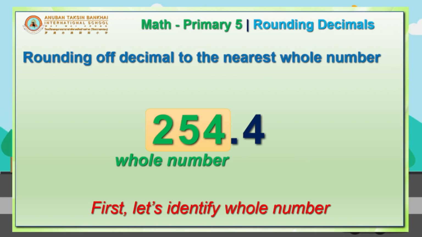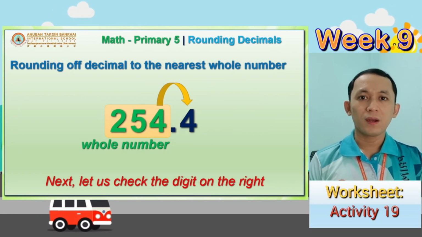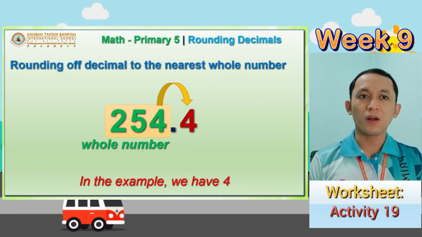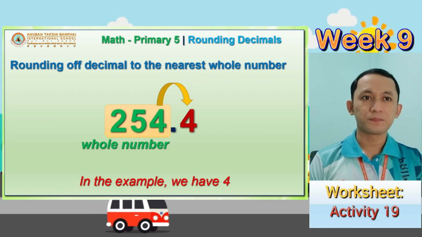Next, let us look at the digit on the right side of the whole number. That is in the tenths place. So in this example, we have 4 as the digit on our right side.